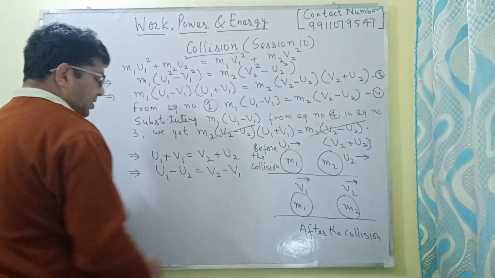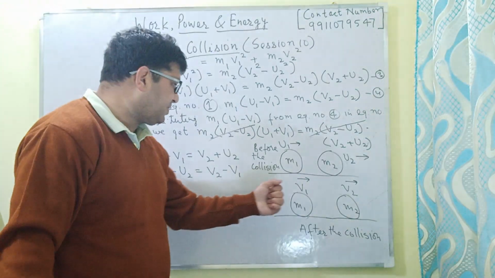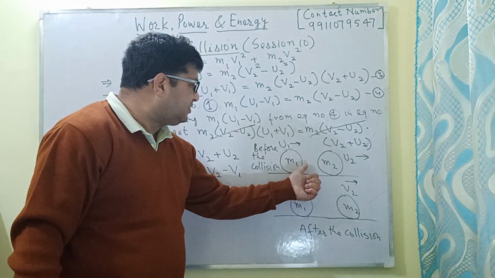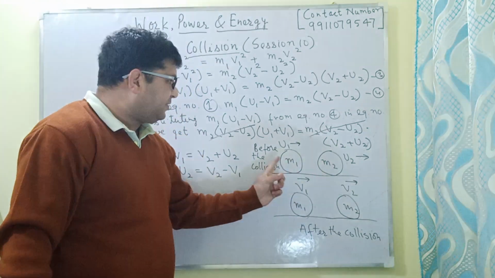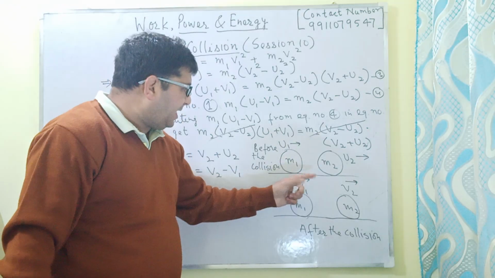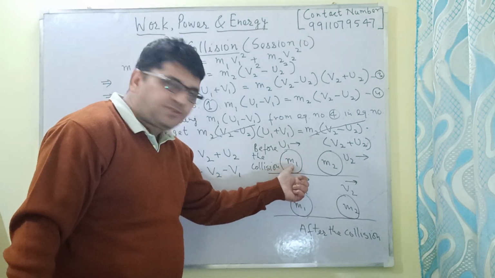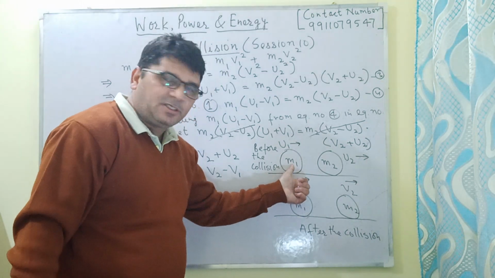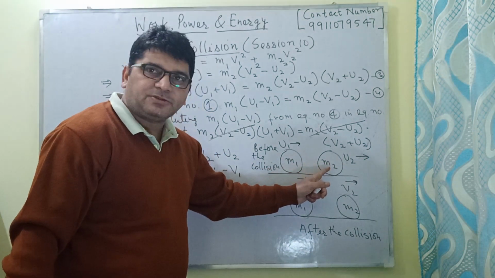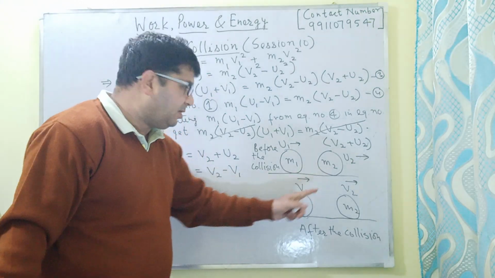Okay? So now here you have to understand one thing. What is the condition when these two bodies will collide? If they are moving in one dimension, these two bodies will collide only when the velocity of this body, that is mass m1, is more than the velocity of this body of mass m2.